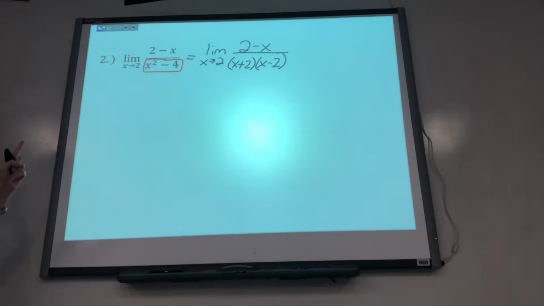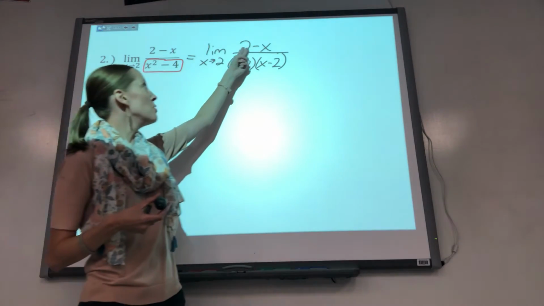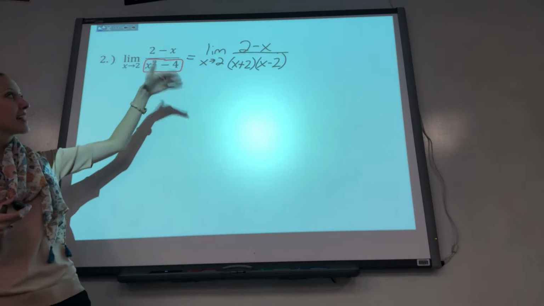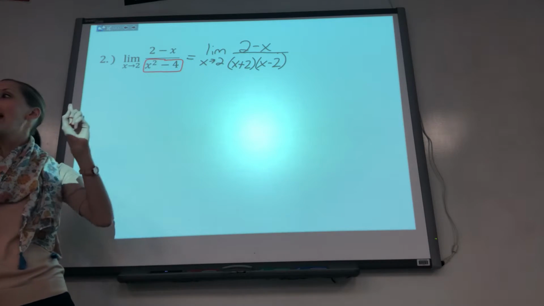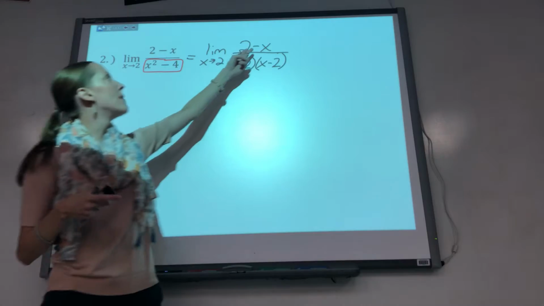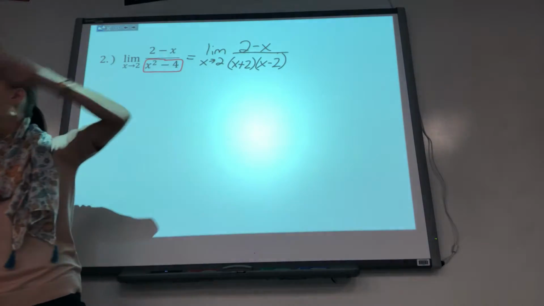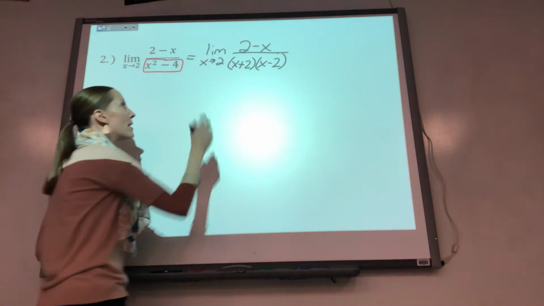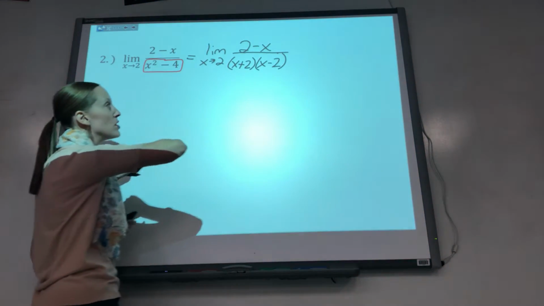Well, I'm close to where I need to be, but 2 minus x is not the same as x minus 2. You can't switch things around a minus sign. You could with a plus sign. 2 plus x, x plus 2, that's the same. But subtraction is not commutative.